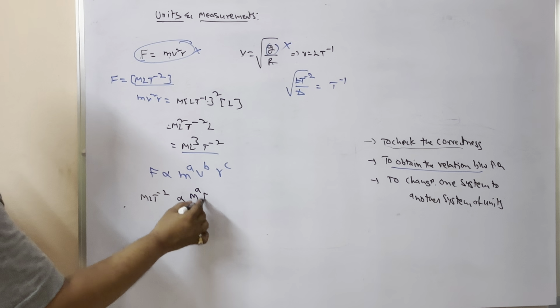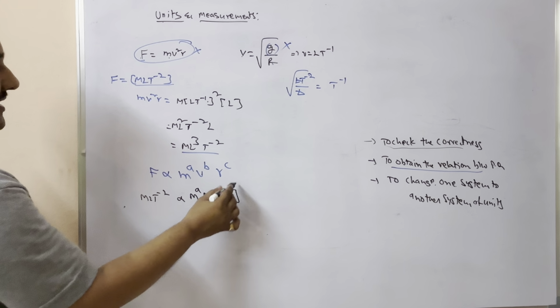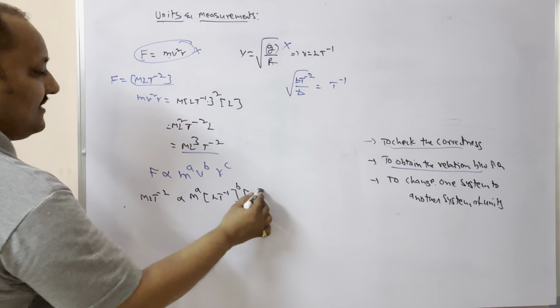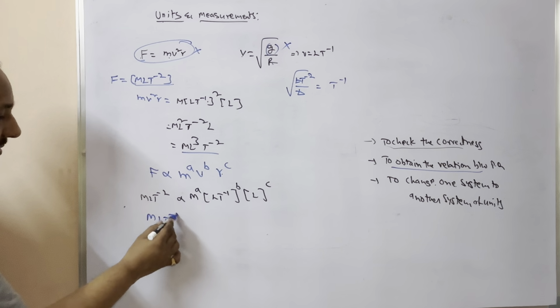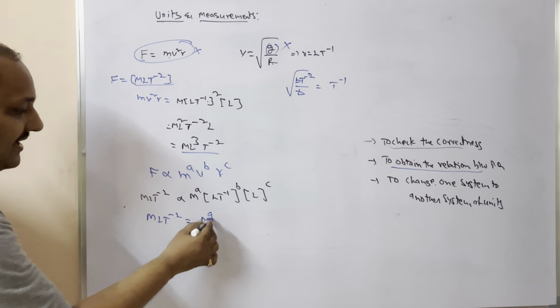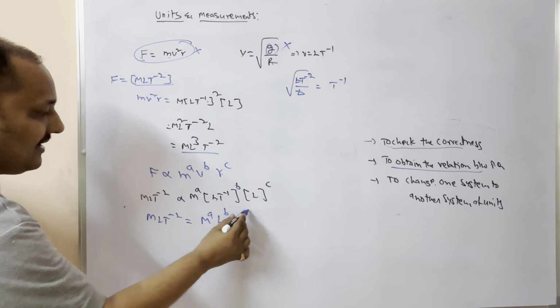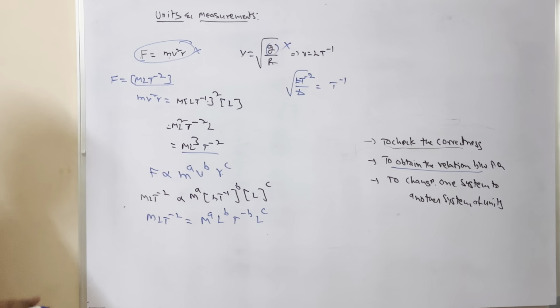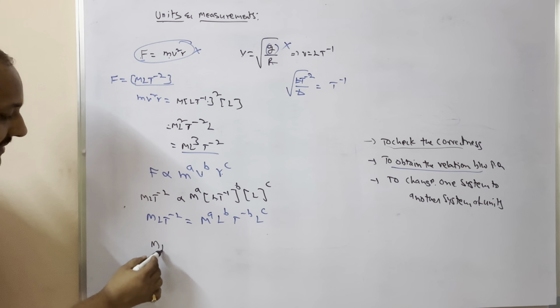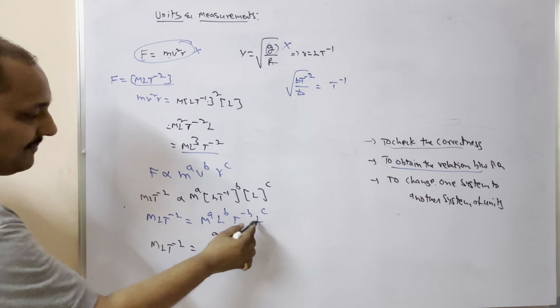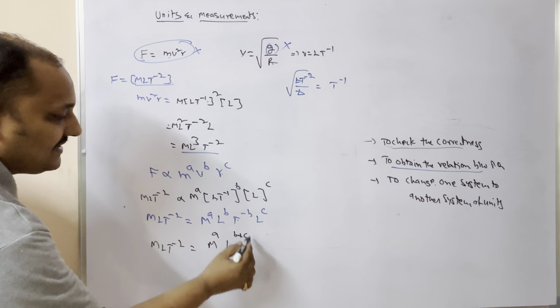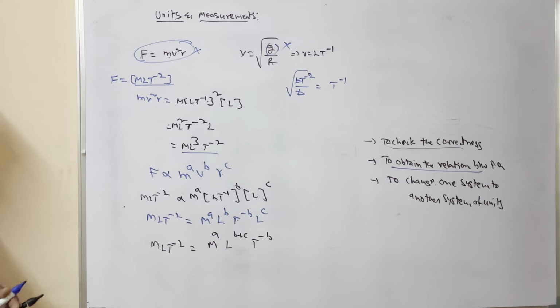So M power a, velocity dimensional formula L T power minus 1, radius L, whole power c. So M L T power minus 2 equals M power a, L power b, T power minus b, L power c. So M L T power minus 2 equals M power only a, L power b plus c, T power minus b.